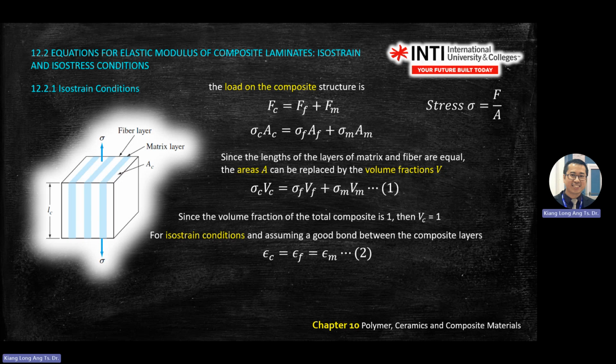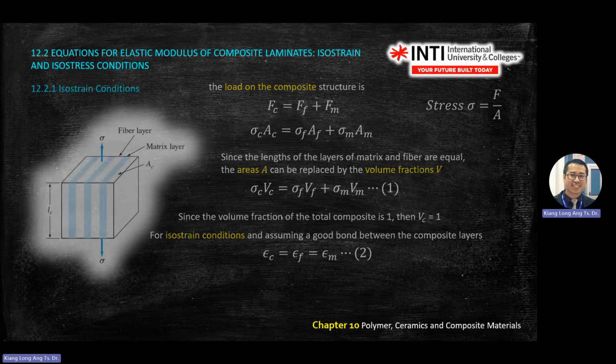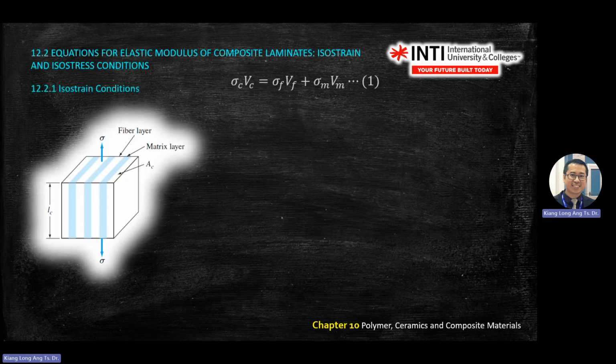There are two equations. One is from the force equation you derived, where you get the stress and volume. And another one is the strain. So you get two equations there. Then you divide the equations. When you divide stress over strain, what do you get?